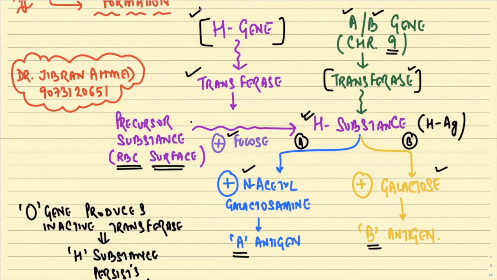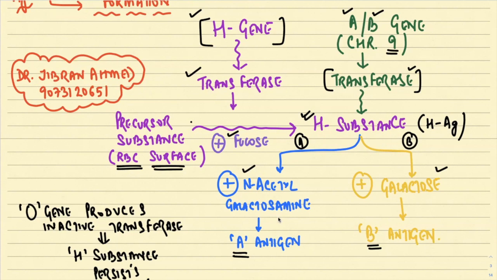Now once this H substance is formed on the surface of the RBC, accordingly, if for example the A gene is present, then that A gene is going to encode a particular transferase which converts the H substance into the A antigen. How? By addition of N-acetyl galactosamine.